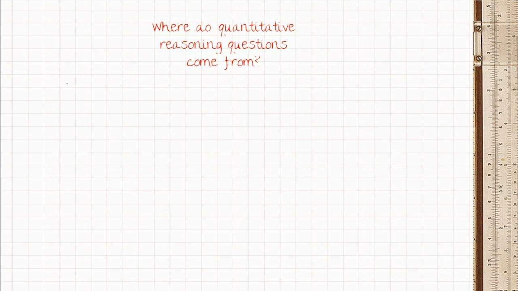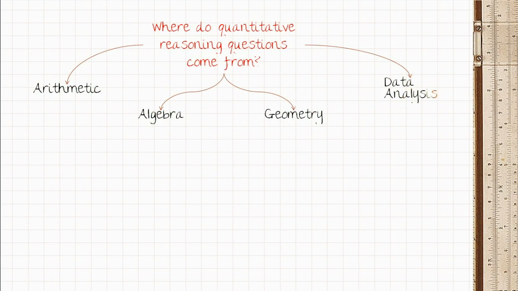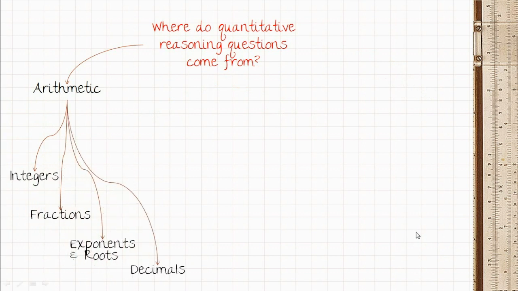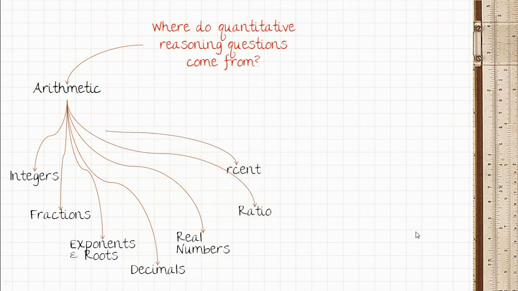ETS divides it into 4 major topics: arithmetic, algebra, geometry, and data analysis. Now all these topics have various subtopics. For arithmetic: integers, fractions, exponents and roots, decimals, real numbers, ratio, percent.